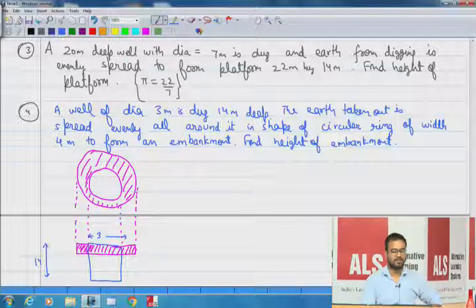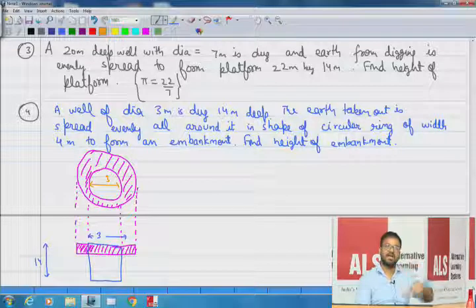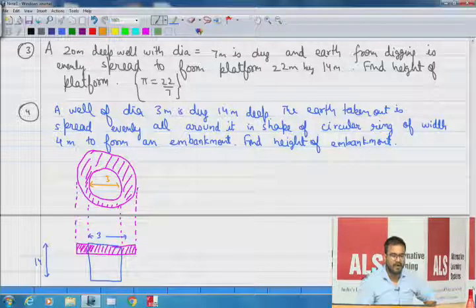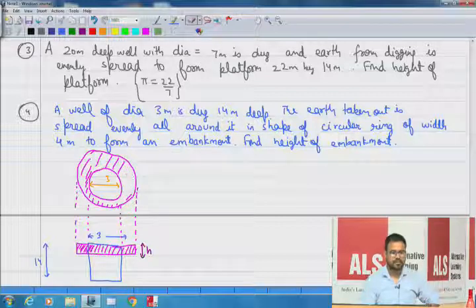The diameter here is 3. The shaded region you can see is the embankment, the pavement. So you have to find the height of this embankment. And it is written width of 4 meter, it means this width. This width is 4.